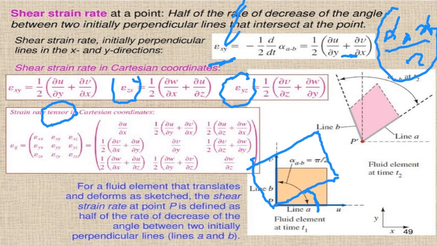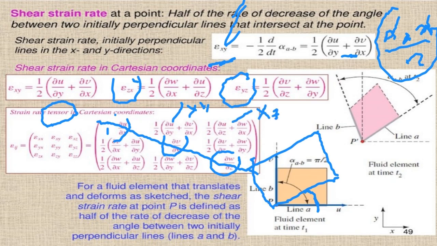And on the diagonal, you see the linear ones, and the non-diagonal ones are the shear strain ones. So this is epsilon xy. This is epsilon xz. This one is yx. And this one is yz. And this one is zx. And this one is zy.